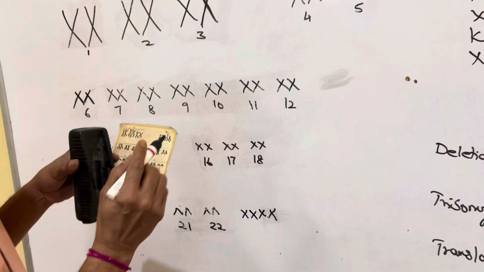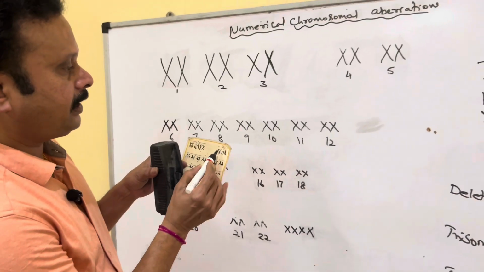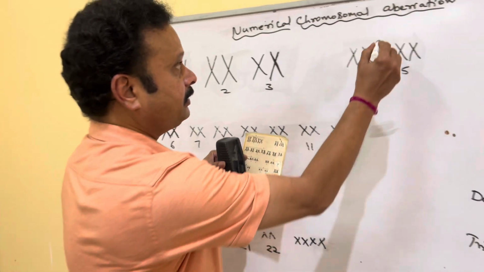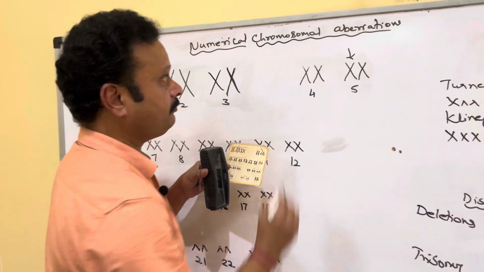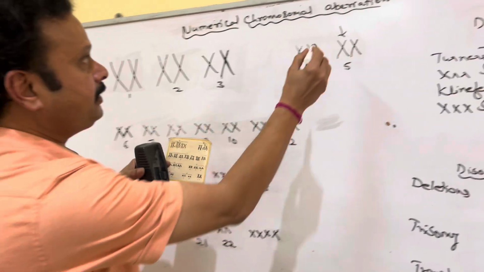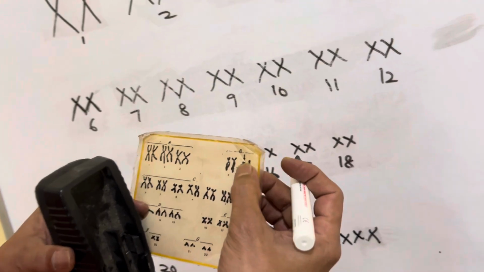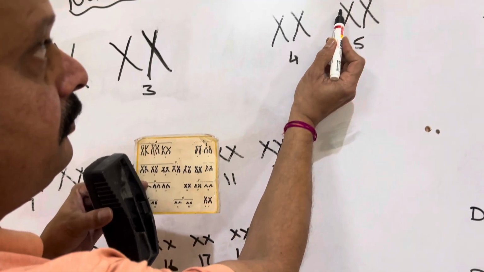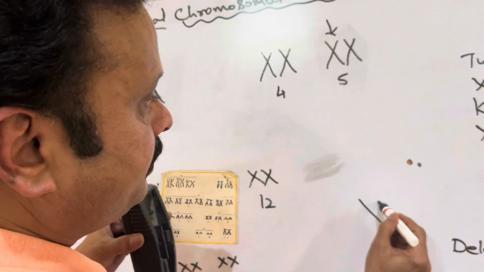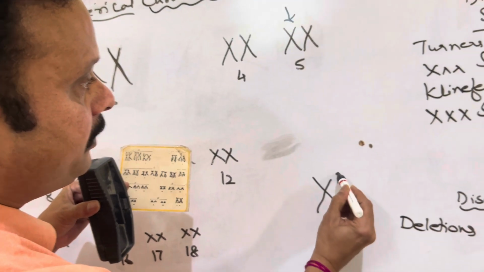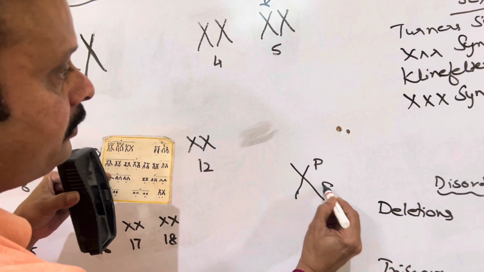Deletional disorders are, here you are seeing an arrow mark indicated. Like this, an arrow mark is kept indicating that this is the abnormality. Here it is nothing but the deletion of the short arm. If you take a chromosome like this, these are the short arm or P arm, these are the long arms or Q arm.